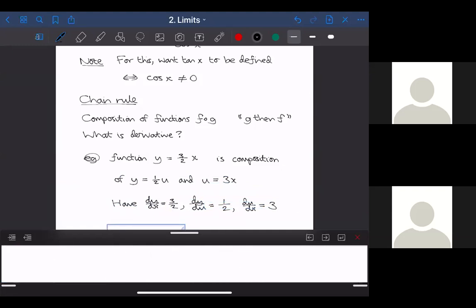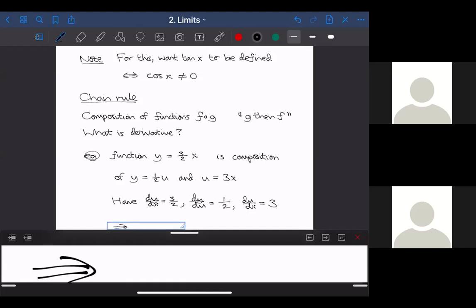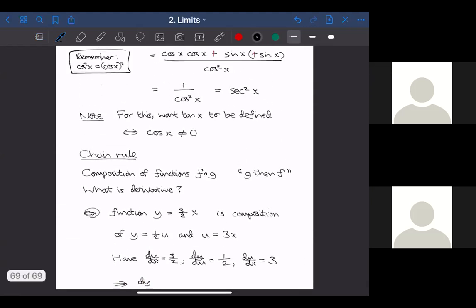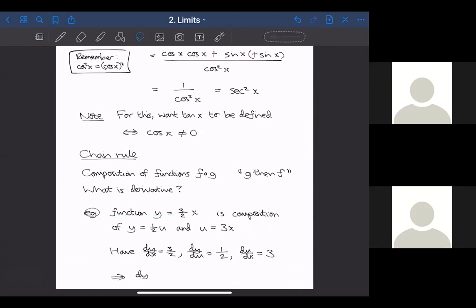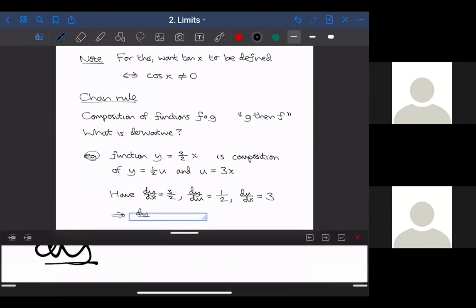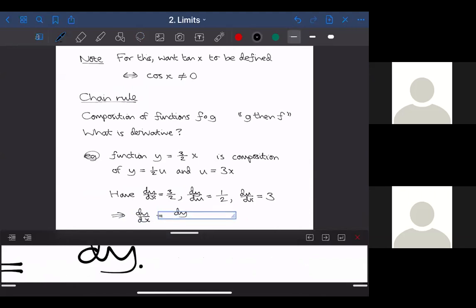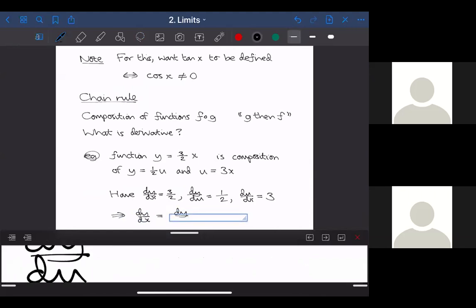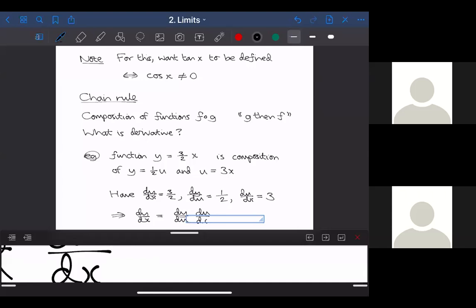So notice that this derivative dy by dx is dy by du times du by dx.